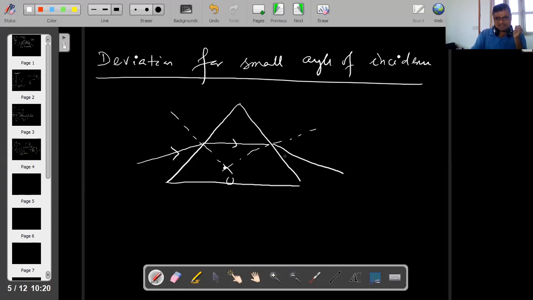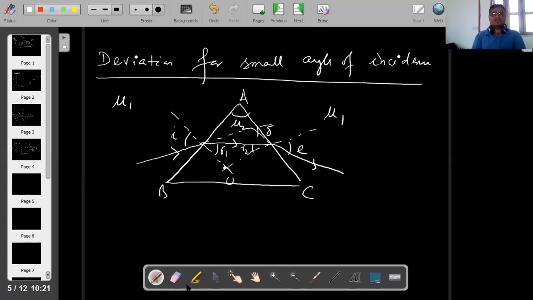This is I, the emergent ray, and this is the angle of prism A, with prism ABC. Now this is I, this is R1, this is R2, this is E. Understand this? And deviation, you know already, this is deviation delta. Now you see this is mu1, and this is mu2, and this is mu1. Now all the angles are very small.